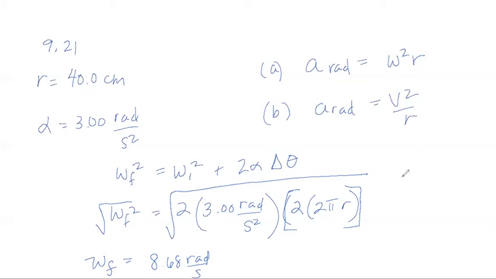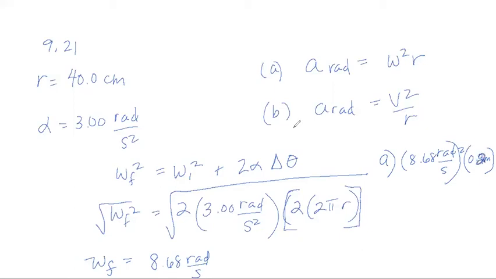Now, to do the first one, A, I've got to convert that centimeters into meters. So we've got 8.68 radians per second, quantity squared, times 0.4 meters. Wait, is that diameter? Okay, the wheel is of diameter 40 centimeters, so I've got to change this to 2.